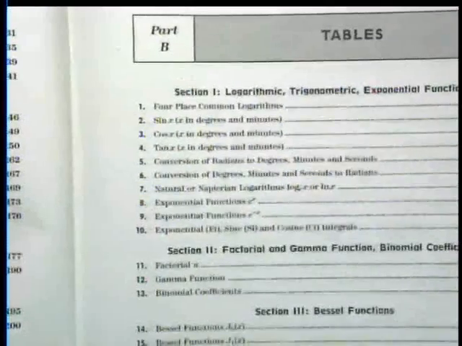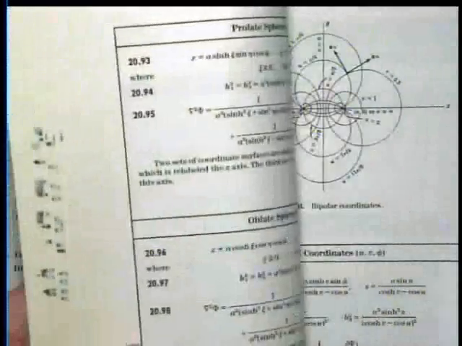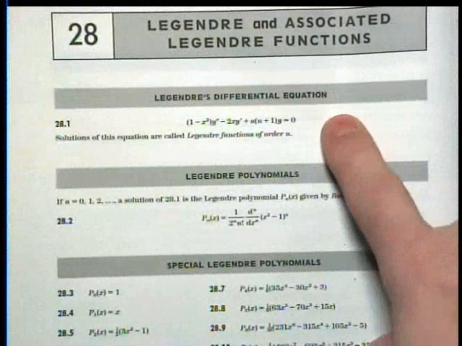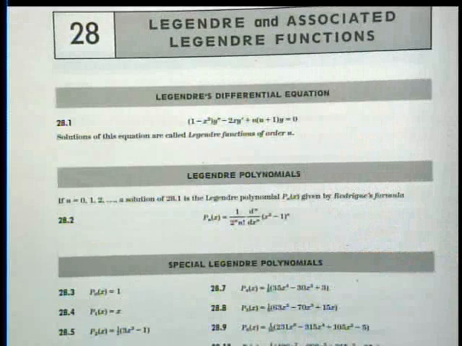All right? So for instance, it says associated Legendre functions are on page 162. If I go to 162, I've got things like Legendre's differential equation. That wasn't the one that we had. We had the associated equation.